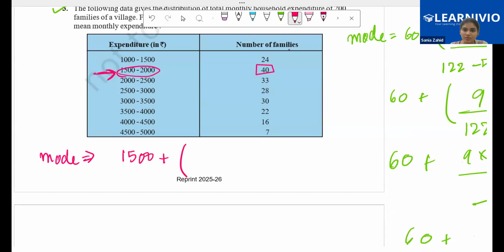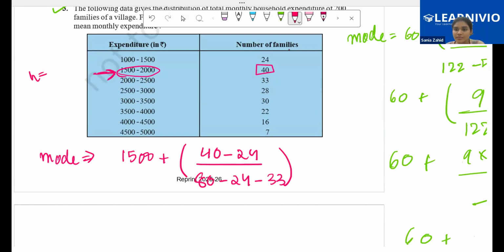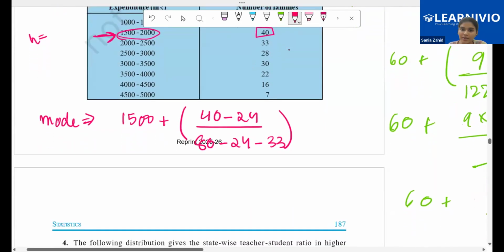40. 40 minus 24, divided by twice of 40, so 80 minus 24, then minus 33, into what is the height? Height is 500.